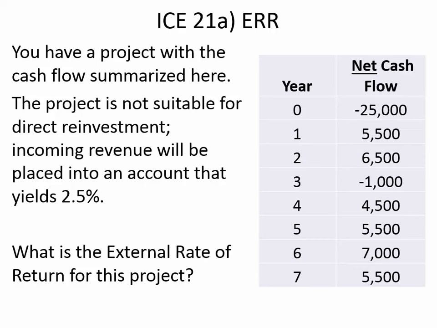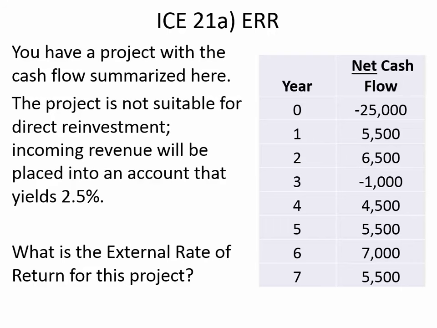What you notice is we have a big investment at first. In year 0, we have a big expense, and then we have one more expense in year 3, and then revenue. So remember the steps as you go through this.